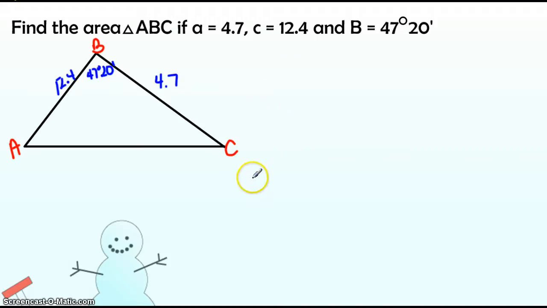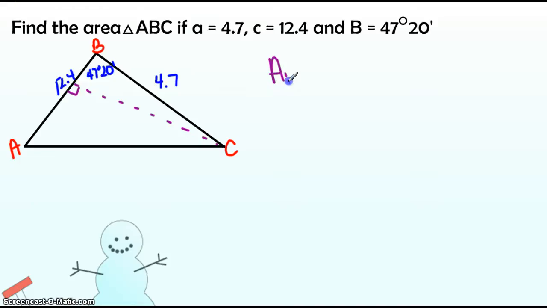So let's think. If I want to drop in that height, I want to do it with one of them. So let's use that as our height.